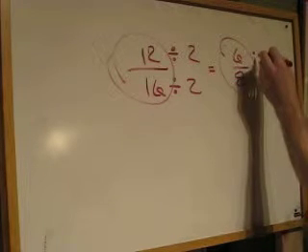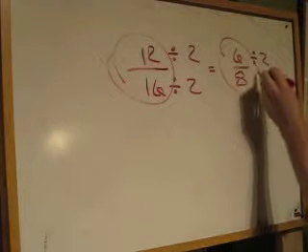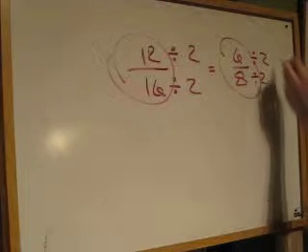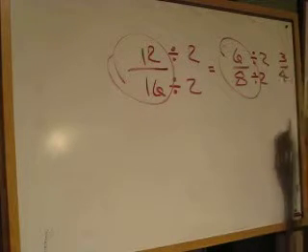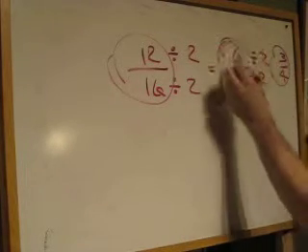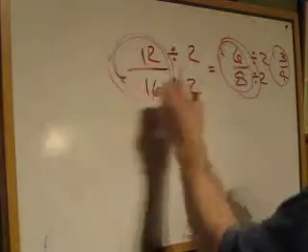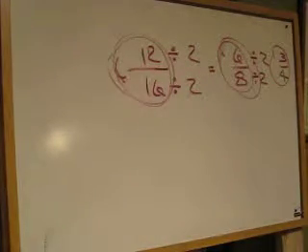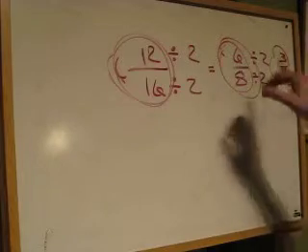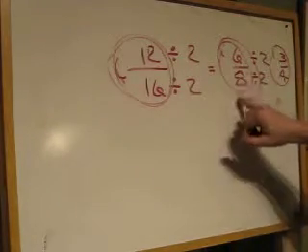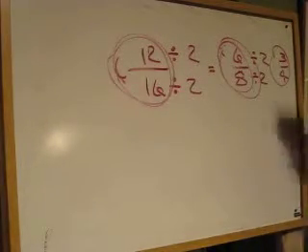If I divide this one by 2 and this one by 2 and get 3/4, this one and this one are equivalent, as is this one. Okay? So those are all three equivalent. 12/16, 6/8, and 3/4 are all equivalent fractions, because we divided the top and bottom by the same number.